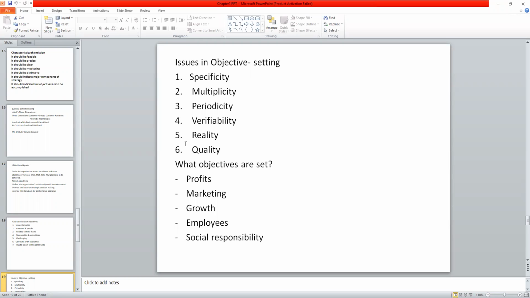When we take the functional attributes into consideration, whether it's from the marketing perspective or the HR perspective, the objectives may have many dimensions. That's why we say a multiplicity issue is there. But when the objectives are set, all these factors and attributes have to be taken into consideration.